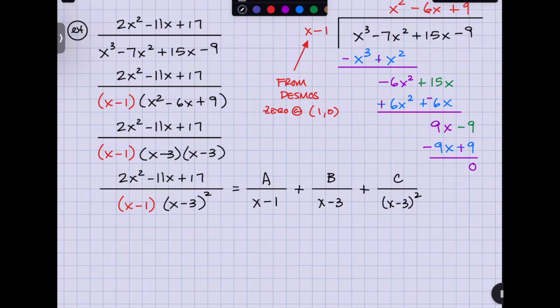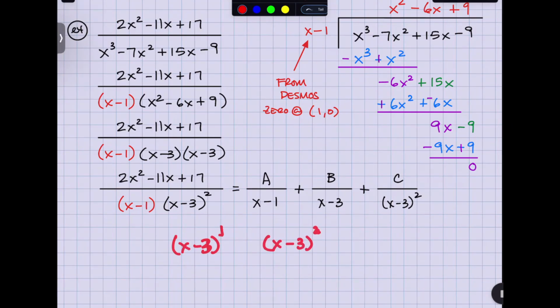So this right here, let me do it up here so that people at home can see. This right here is considered a repeated linear, which means that I have to write one for the first power and another one for the second power.